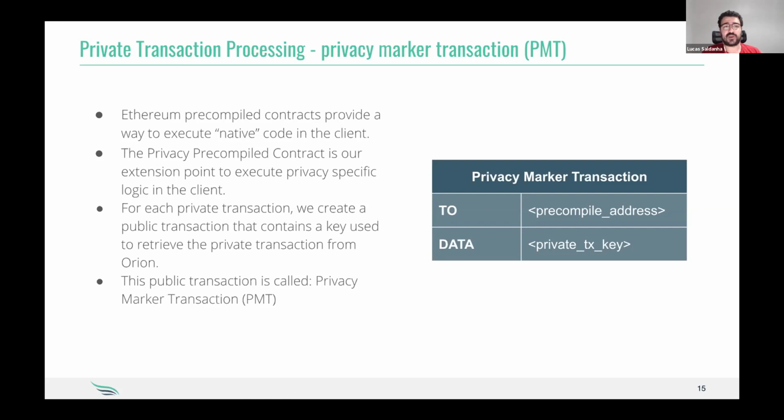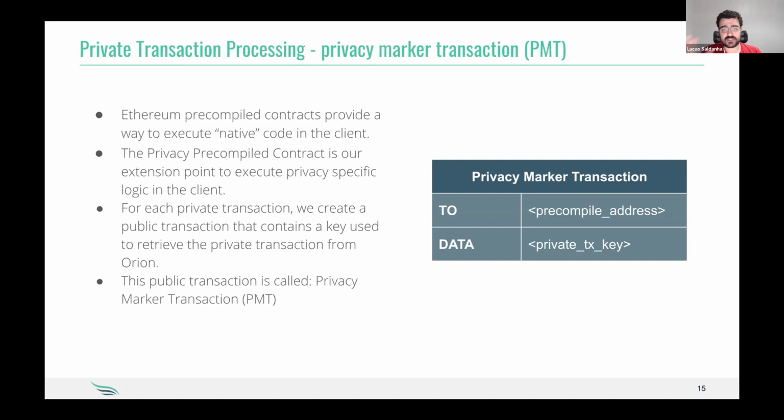I know you're probably asking yourself, wait, so you're saying that we use a public transaction to trigger and process a private transaction? And yeah, that's right. Because of that, sometimes people assume that we are leaking information here, but we are not. As I said, all the information in the PMT cannot give you any information from the original private transaction unless you are a member of that privacy group, and then you can use the key to retrieve the private transaction.